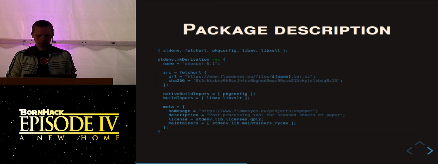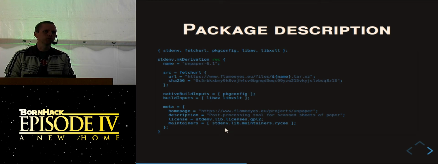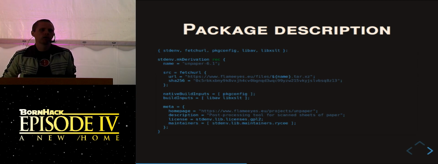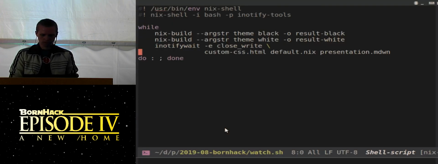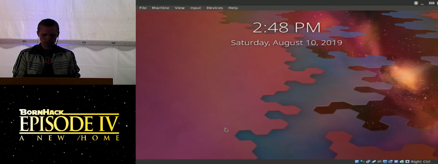And then I have to actually install this build recipe to get the updated version in my user environment. So how would you update a package in your NixOS configuration file? In my configuration file, I basically, let me just go back here.